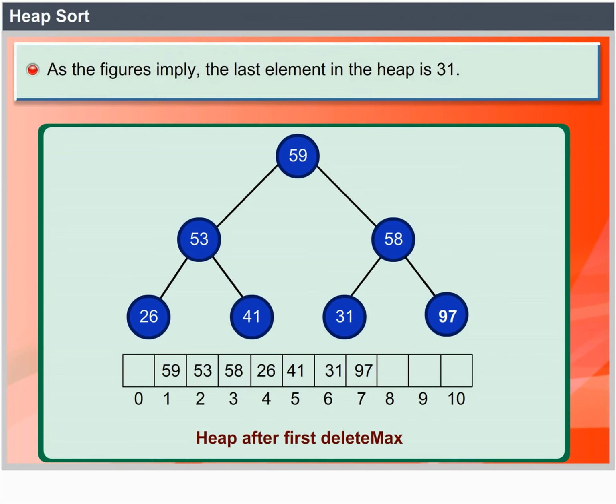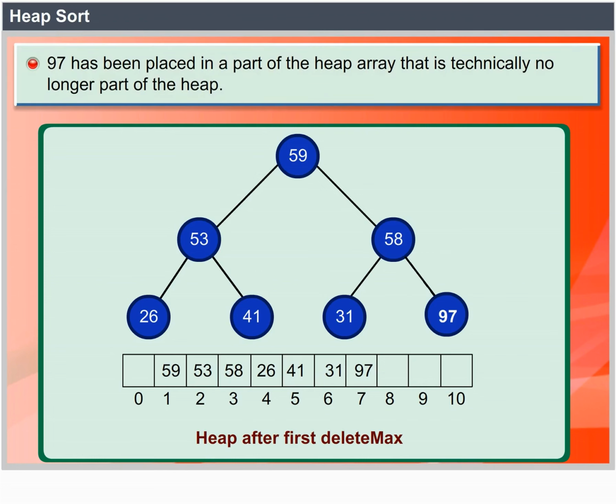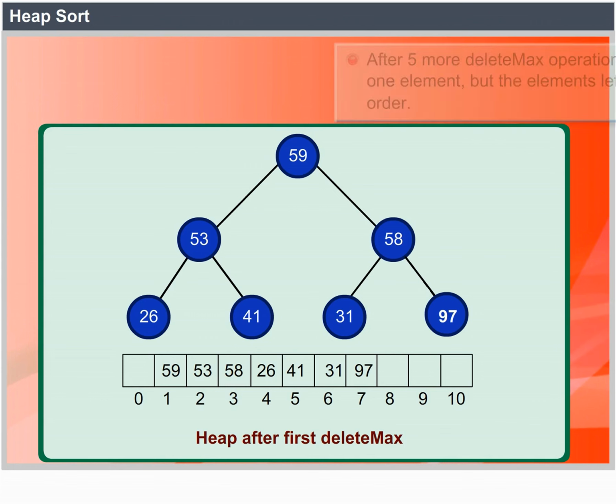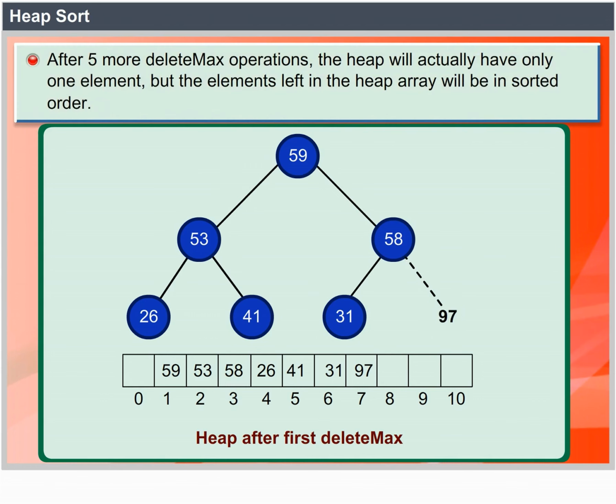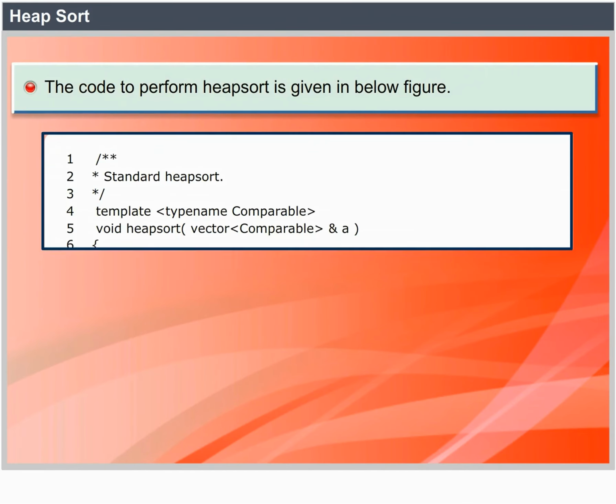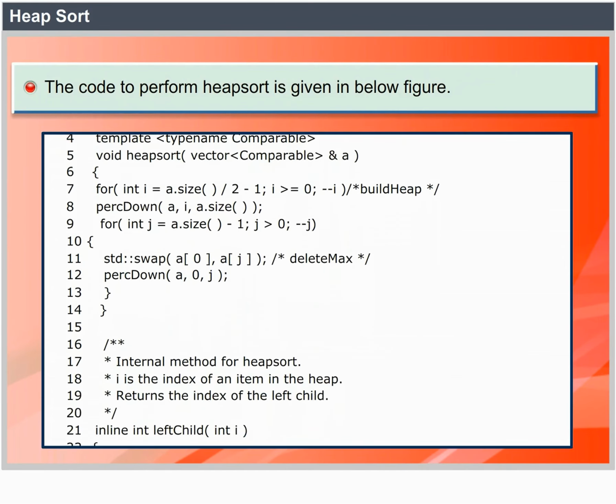As the figures imply, the last element in the heap is 31. 97 has been placed in a part of the heap array that is technically no longer part of the heap. After 5 more delete max operations, the heap will actually have only one element, but the elements left in the heap array will be in sorted order. The code to perform heap sort is given in the below figure.